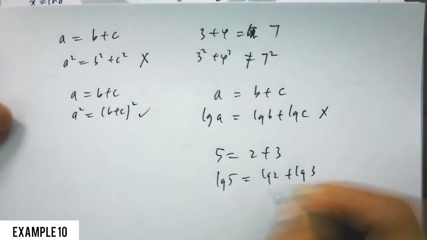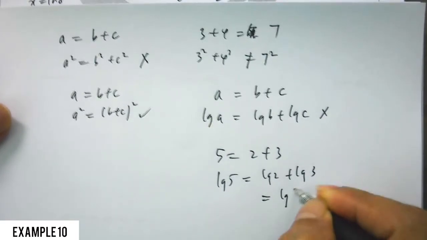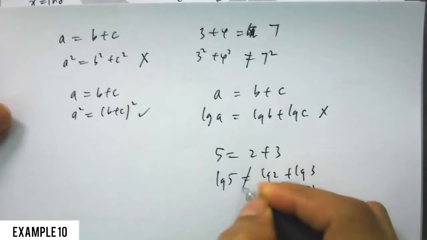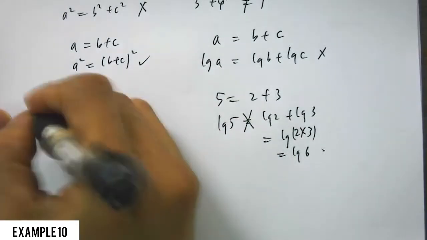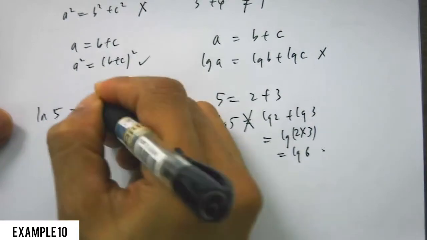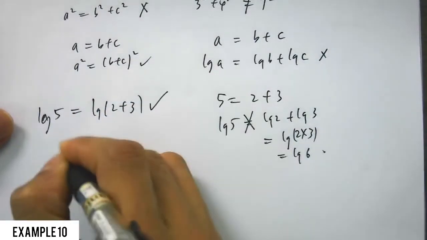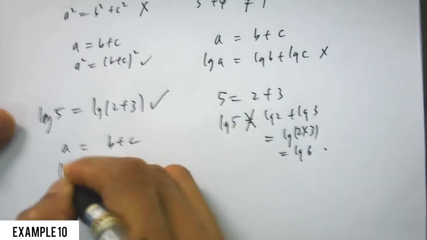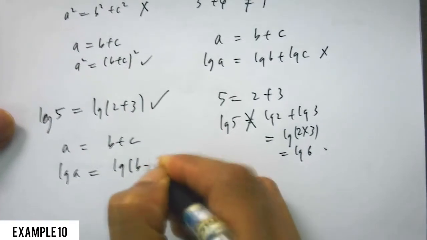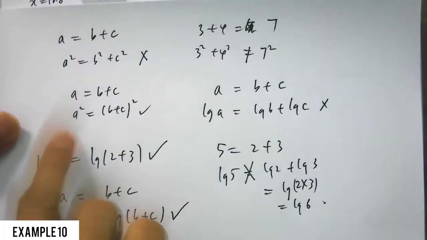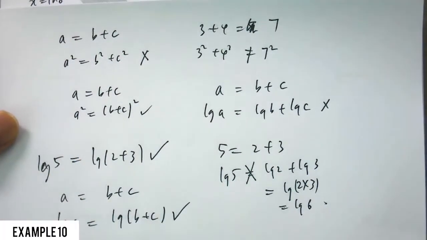No, because log 2 plus log 3 is actually log 6. So this is not the same, right? The only thing that's true is log 5 is log of 2 plus 3. Like A equals B plus C, log A is log of B plus C. You want to log, you log the whole thing. You want to square, square the whole thing. Cannot do individually. Understand?